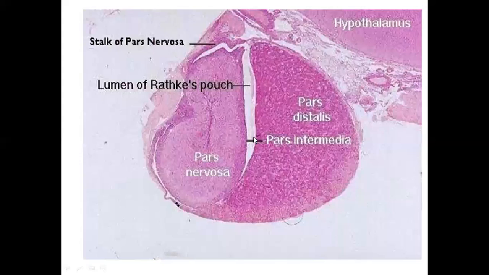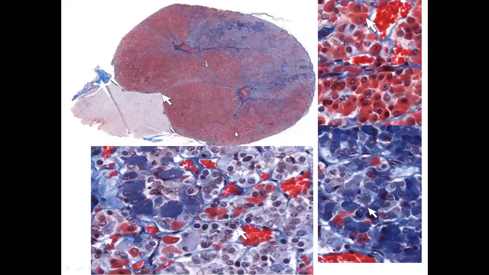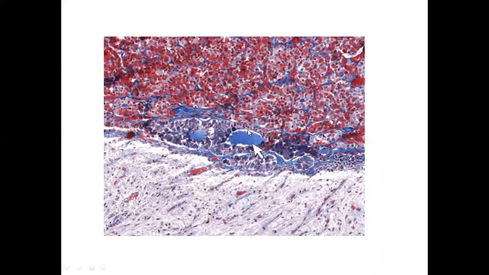This is what we were talking about for the pars intermedia, that they are mostly basophilic cells around a cystic cavity, as indicated by the pointer. This particular area between the pars distalis and pars nervosa will be termed as pars intermedia. The histological features: it comprises basophilic cells, and those basophilic cells are arranged in follicular arrangement.